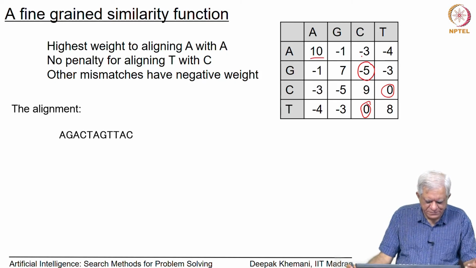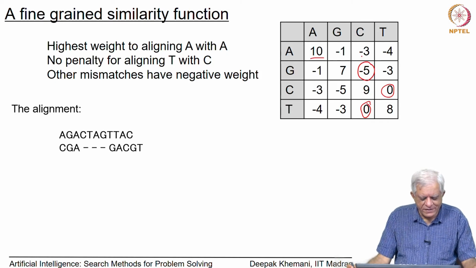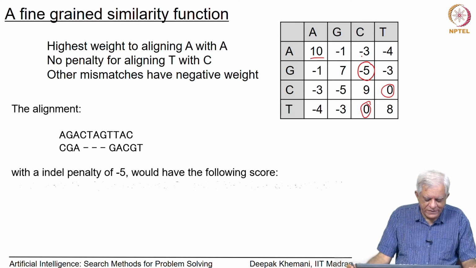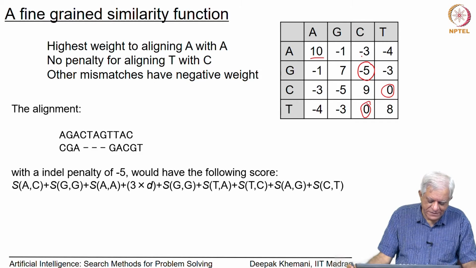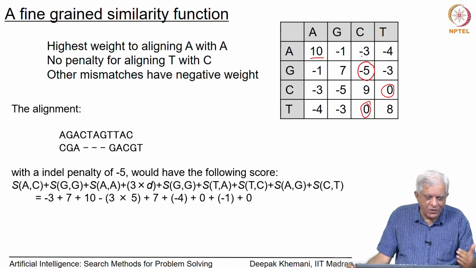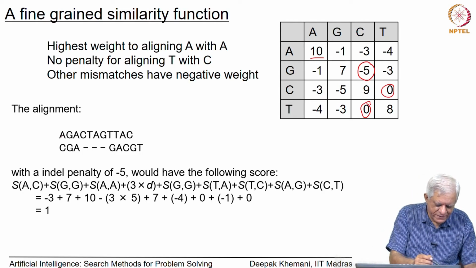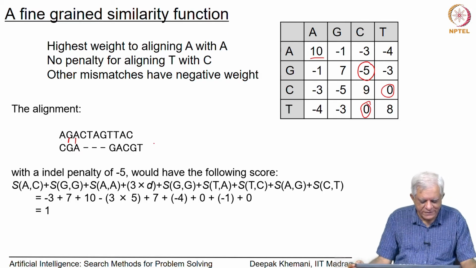you have these two strings and this is the alignment that is given to us, and if we assume that the gap insertion cost is minus 5, then the cost of this alignment would be the cost of aligning the characters A with C, then G with G, then A with A and so on, and then we have these gap insertions, and then we have further alignments.